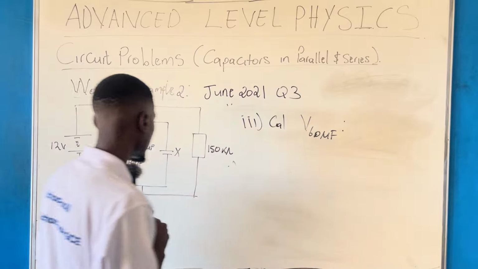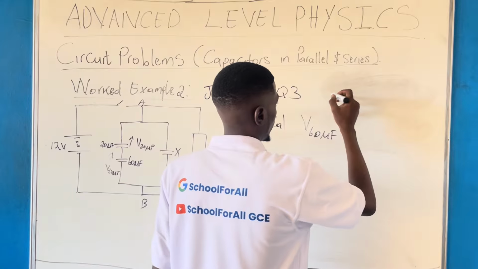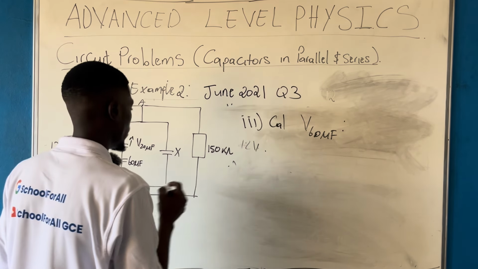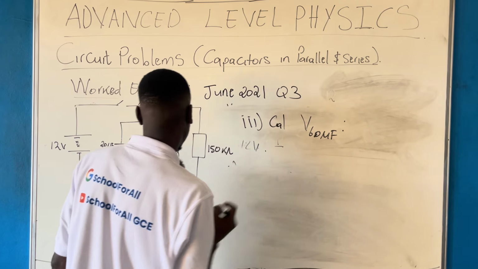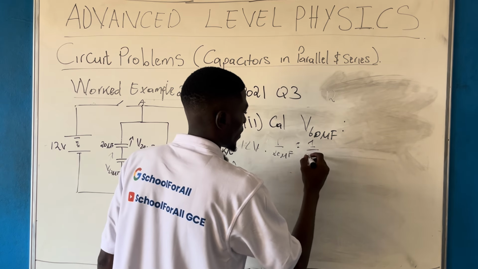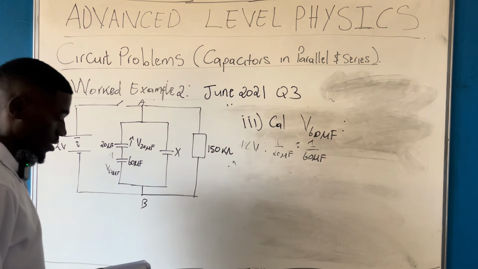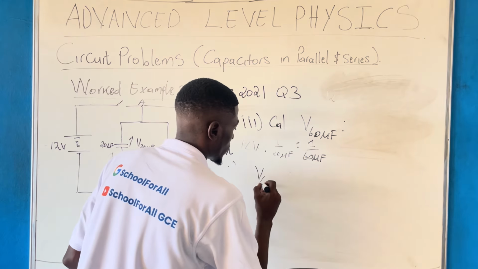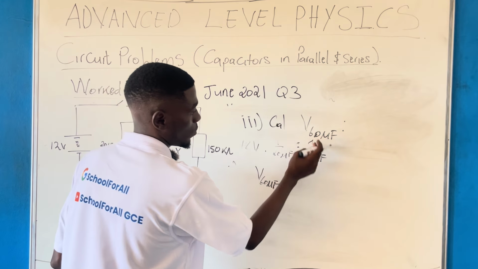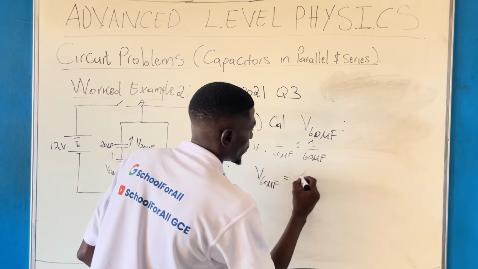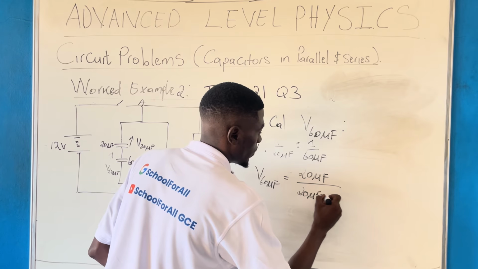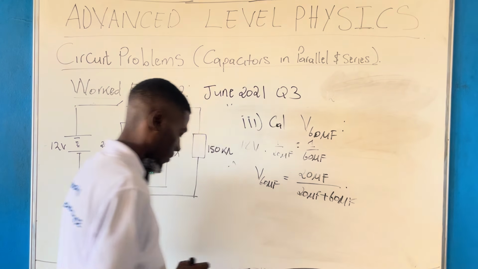So applying potential divider directly, I know that V, which is 12 volts, is being shared in the ratio, since they are in series, it's like a parallel connection, of 1 over 20 microfarad to 1 over 60 microfarad. So V across 60 microfarad is simply equal to, I told you that anytime you are adding 1 over a value, rather than starting with 60 microfarad, I start directly with 20 microfarad, divided by 20 microfarad plus 60 microfarad, times the voltage being shared.